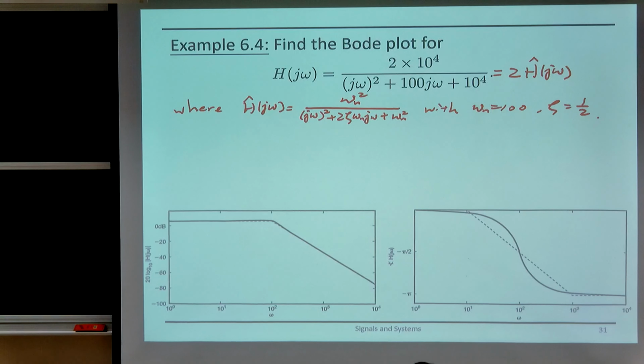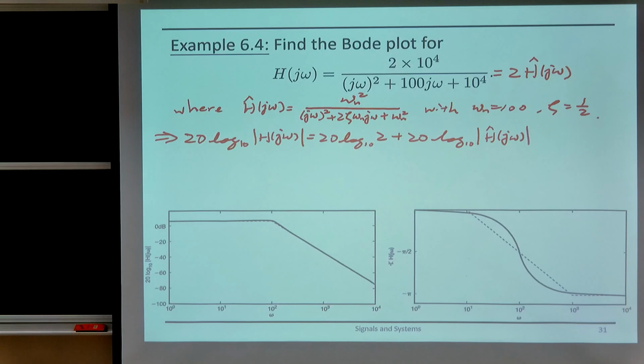So with this, we can obtain the log magnitude of h of j omega as 20 log 10 2 plus 20 log 10 of the absolute value of h hat j omega.